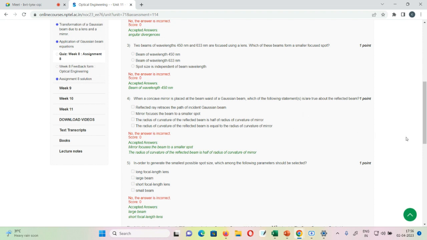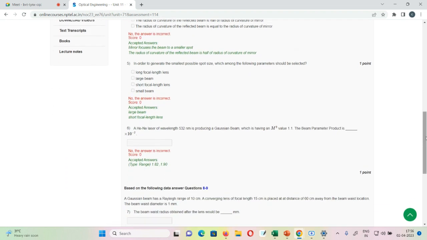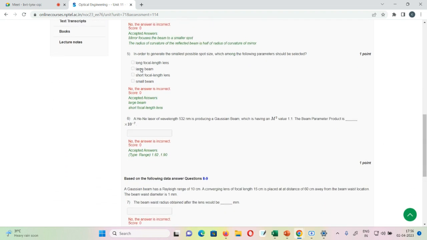Now see, in order to generate the smallest possible spot size, which among the following parameters should be selected? Say you are going to image something using microscopy, and you want to get it imaged. We already see that whenever our spot size becomes minute, we get very good resolution.